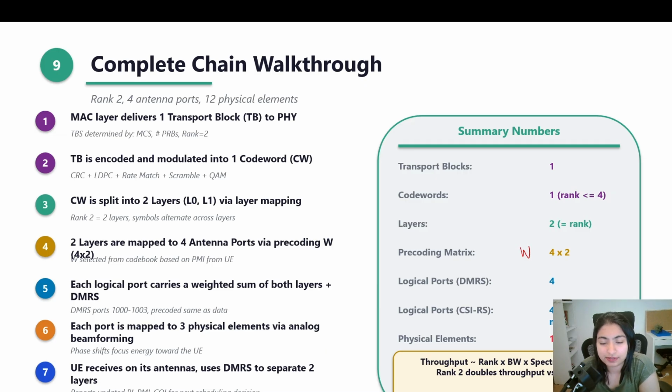Then each logical port is mapped into physical elements via analog beamforming, and then they are transmitted over the air interface. So this is a sample example of how the entire RAN processing chain works, how the transport block is mapped into physical antennas.